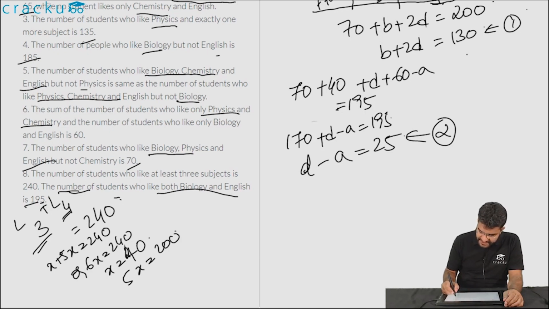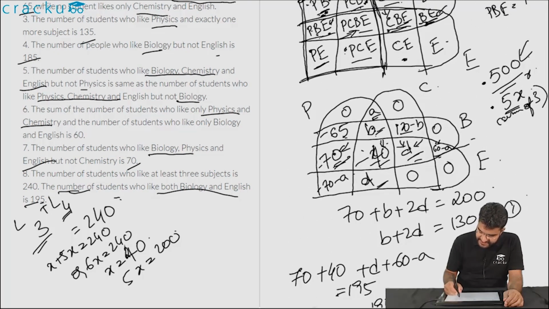Now remember that there is another equation that we can take care of, which is that the sum of all of these elements is equal to 500. That is the total number of students.